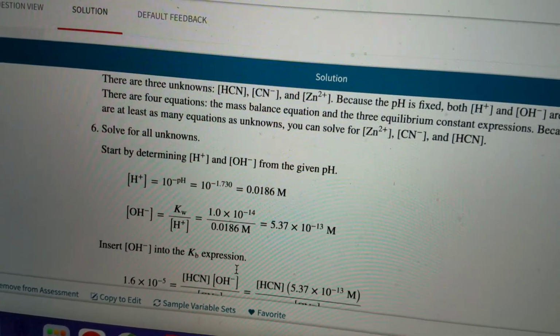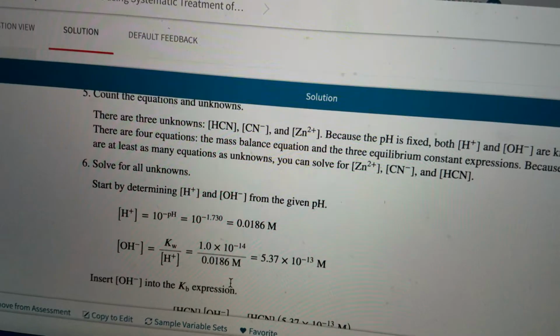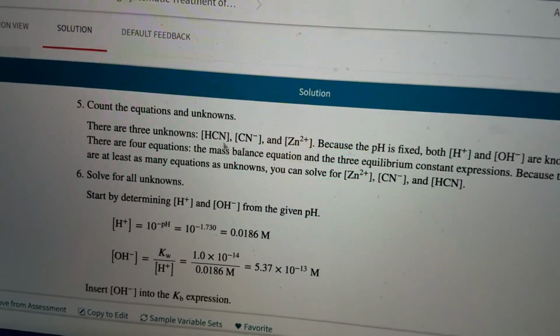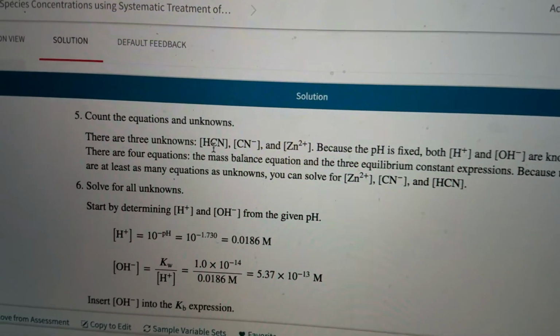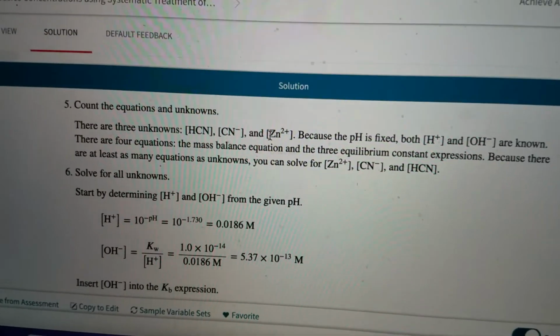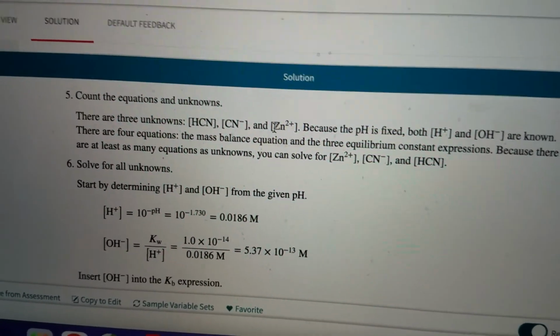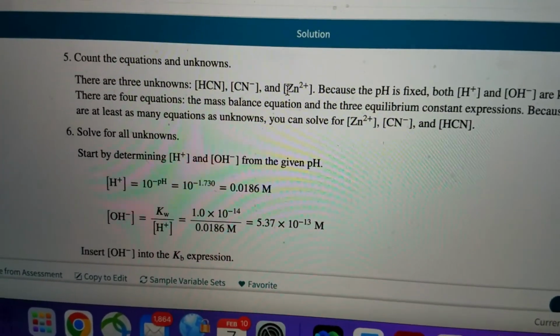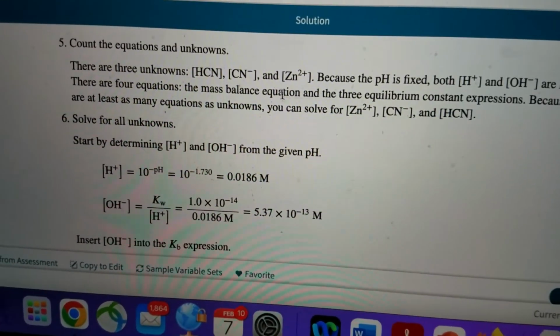Now you can count the number of equations and unknowns. We only have 3 unknowns we need to solve for: hydrogen cyanide, cyanide, and zinc 2 plus. And we should have more than 3 equations available to us right now, so we should be able to solve the problem.